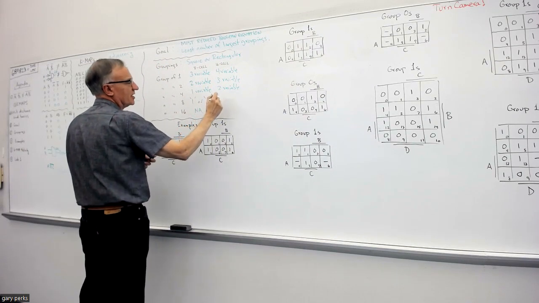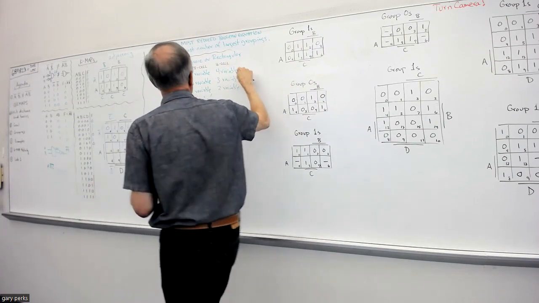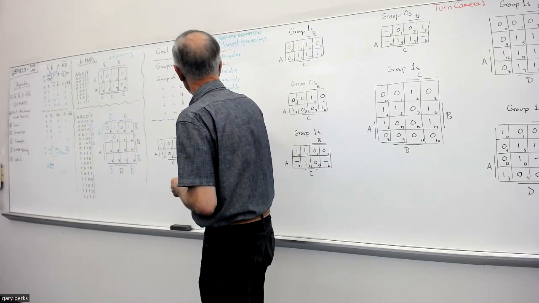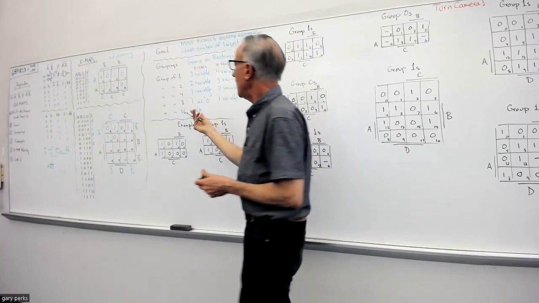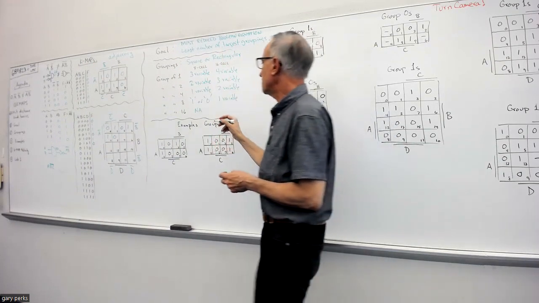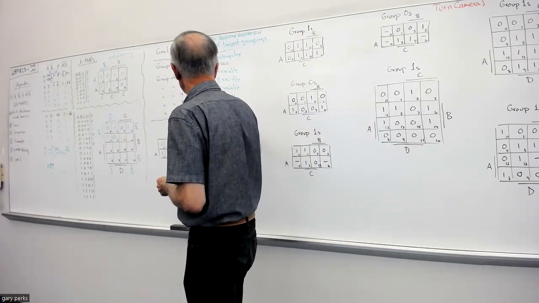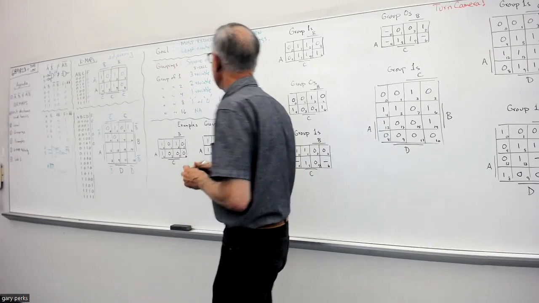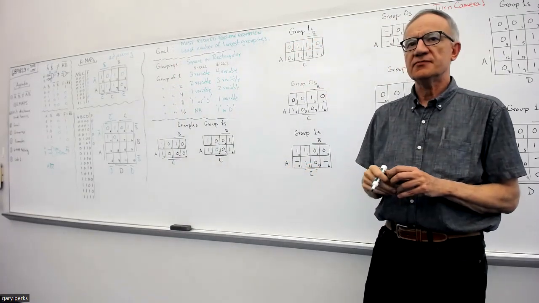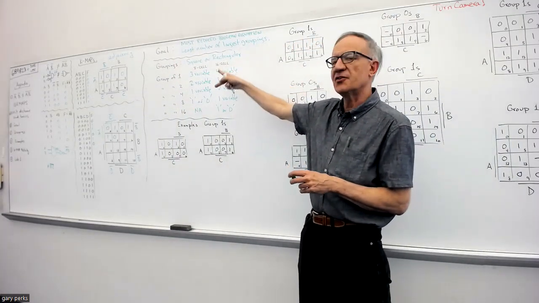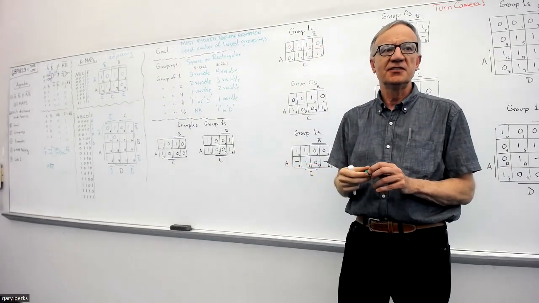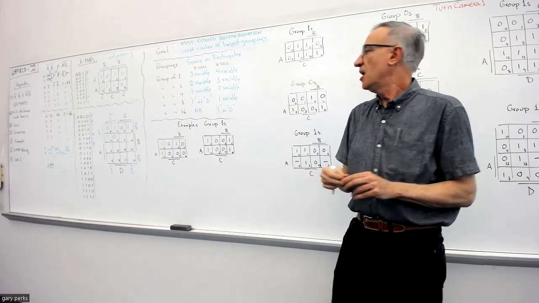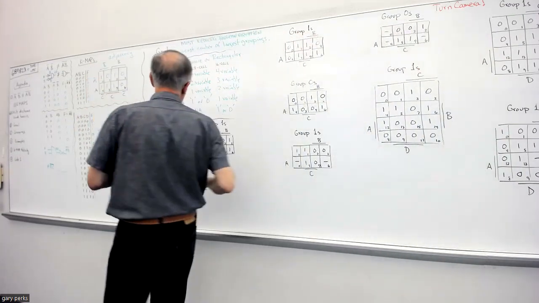An 8 grouping gives you a 1 variable term. And then if you have 16 ones or 16 zeros, that means the output is either 1 or 0, depending on which one you're grouping. You're going to see why this is coming up, but this is just something for us to reference. All right, so let's do some examples.